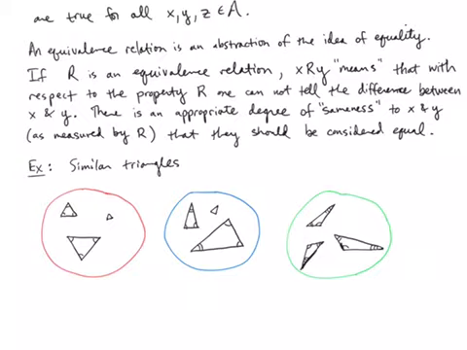Two triangles are similar means that you can take one of the triangles and scale it and translate it and rotate it and fit it on top of another triangle.